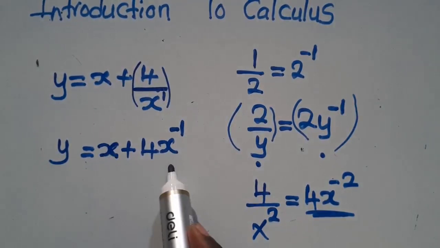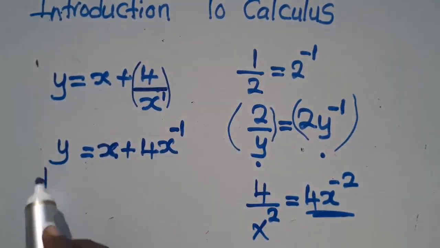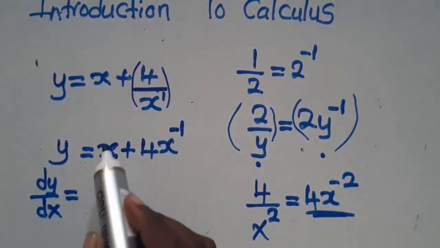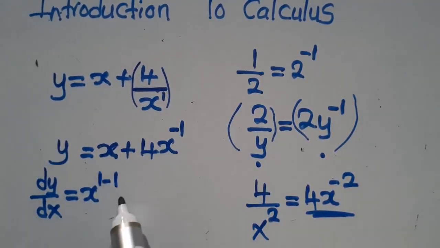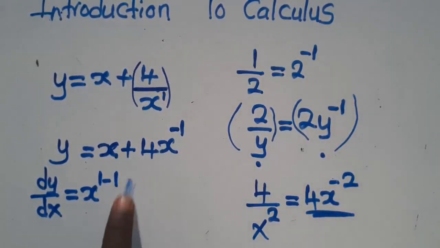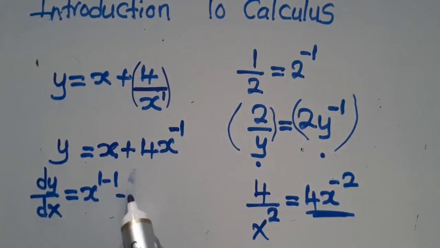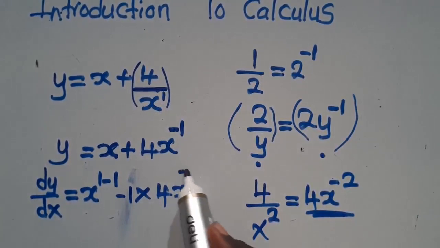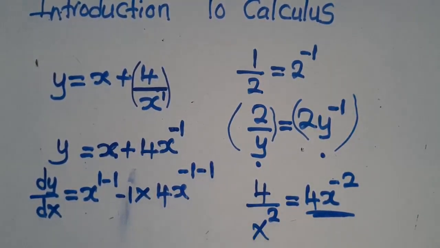Like this, you are able to work out this part where you now say dy dx is equal to, so that one becomes x to the power 1 minus 1, plus, are you going to say plus here? No, there is a minus there. So minus 1 times 4. Then x, there is minus 1. We are removing 1.